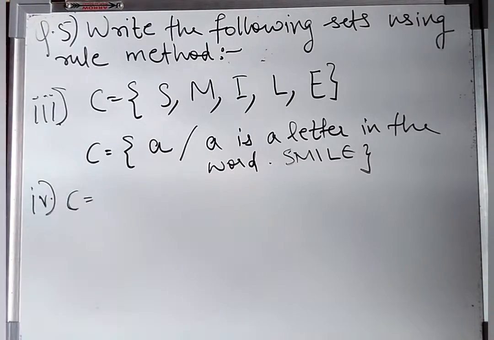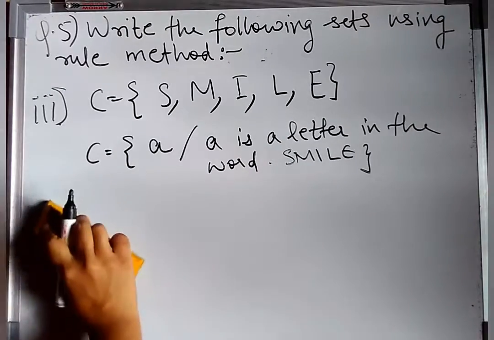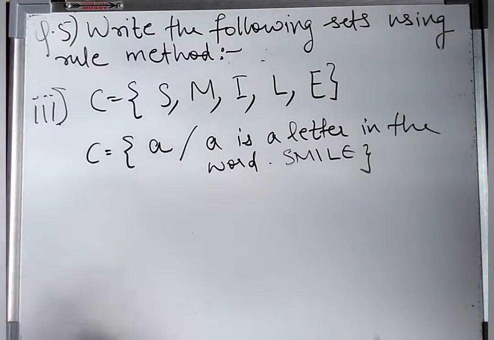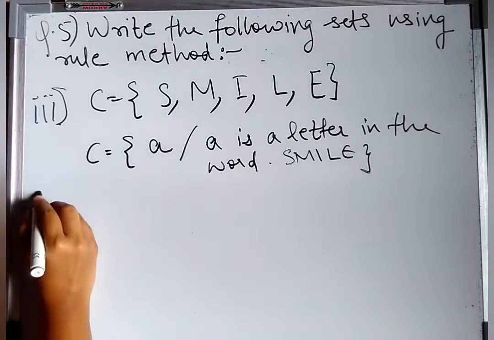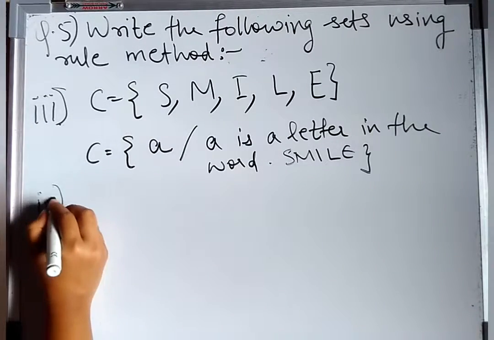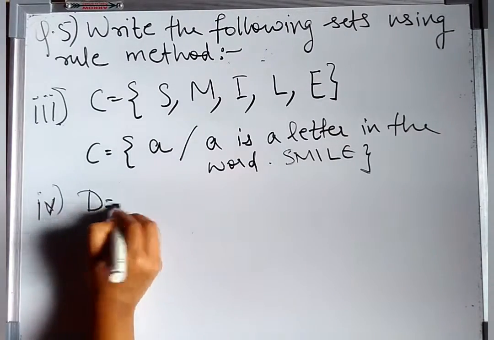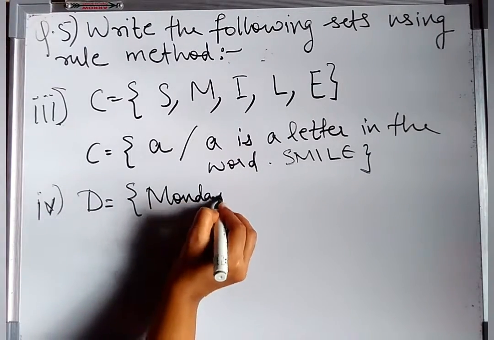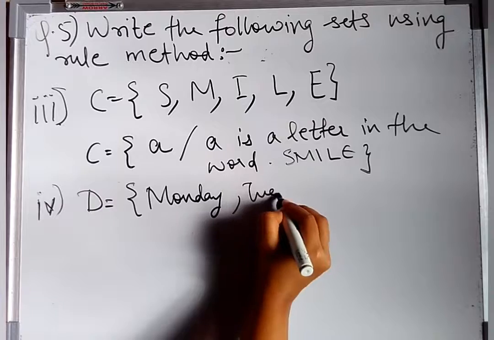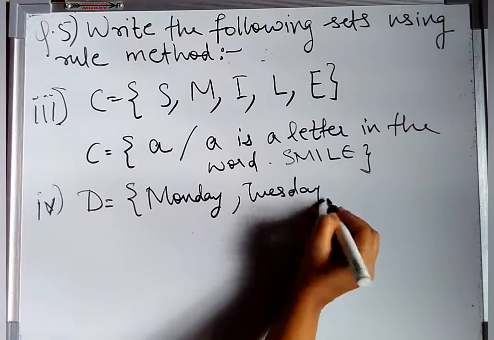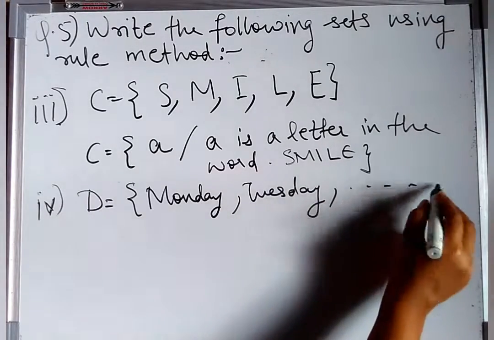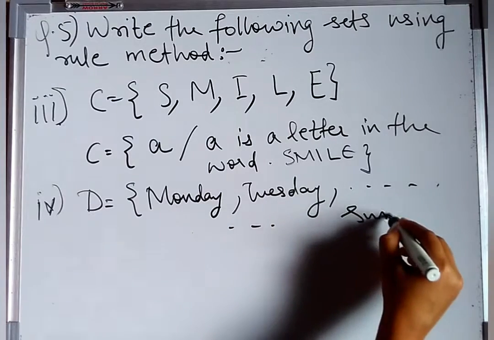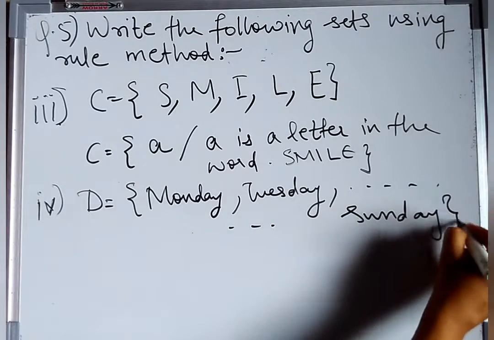they have given all days of the week. Monday, Tuesday, Wednesday, Thursday, Friday, Saturday and Sunday. I am not writing all the days, but they have given it like this.